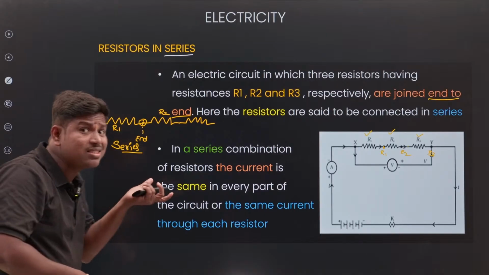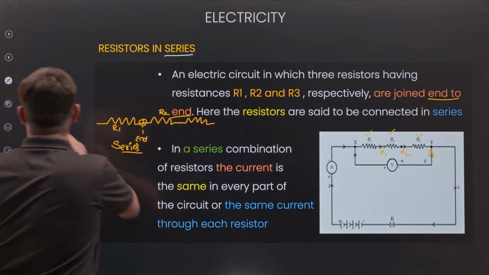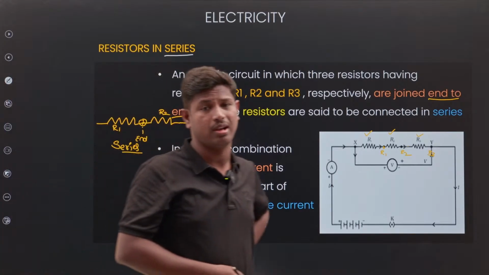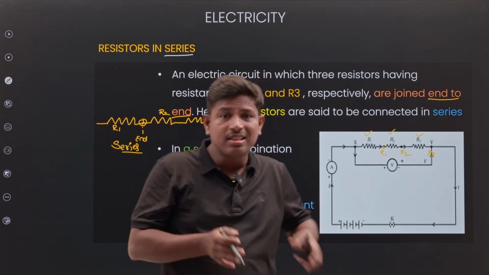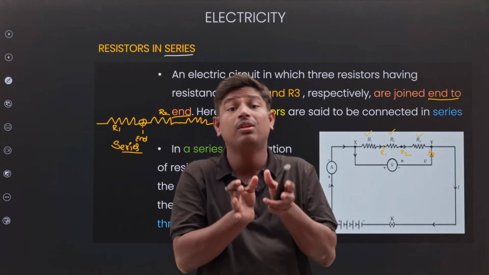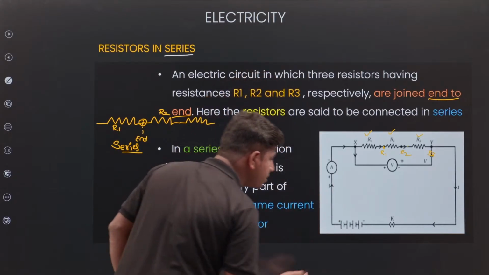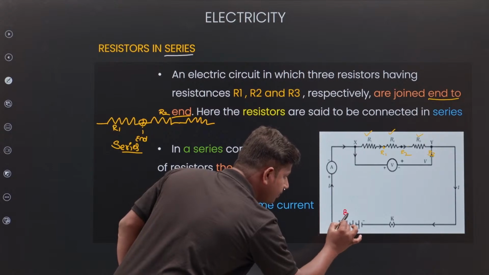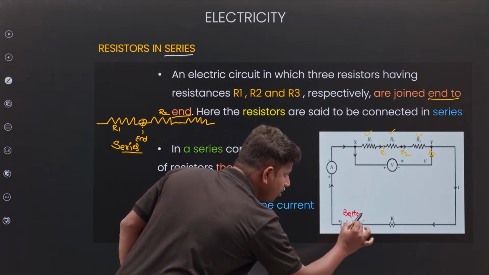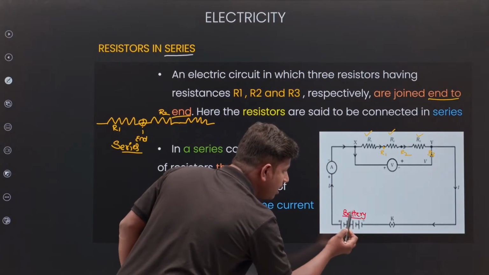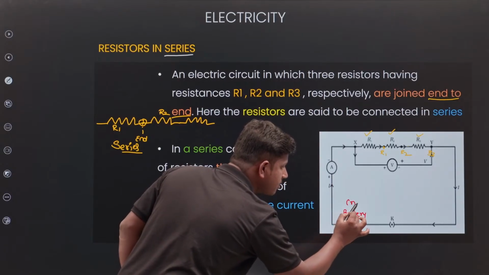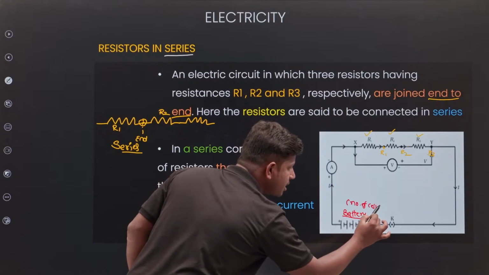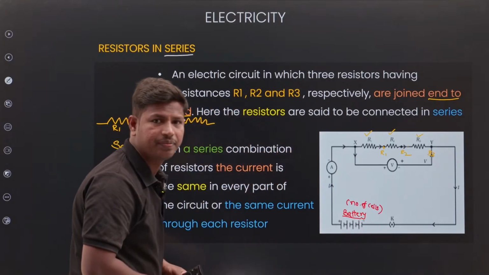If the resistors are in series, how will the current flow? This is a very important point. Look at the circuit diagram. This is a battery. A number of cells, or a combination of cells, is called a battery.